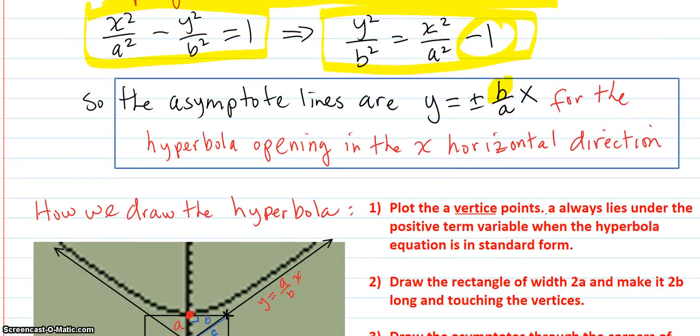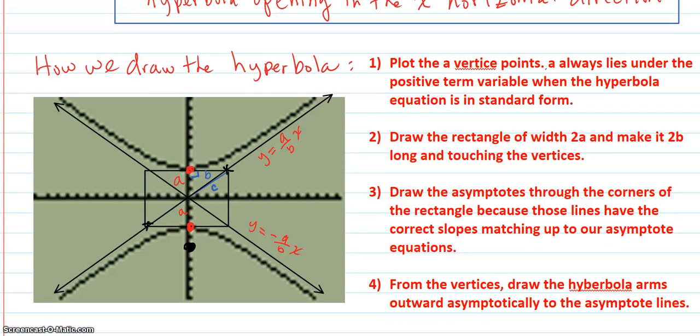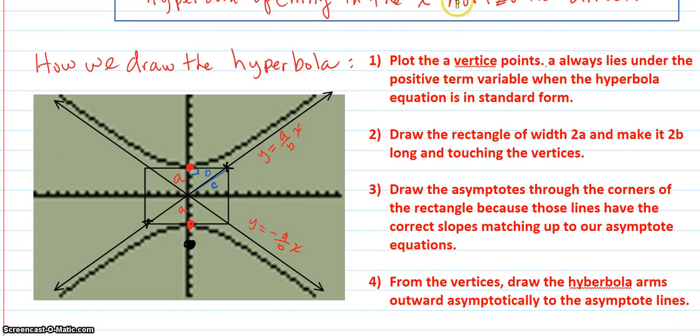Okay, so how we draw the hyperbola. We draw the vertice points, because we're going to know a in the equation, because a lies under the positive term variable. So we're going to know this a, so we're going to mark those off. A always lies under the positive term variable when the hyperbola equation is in standard form.